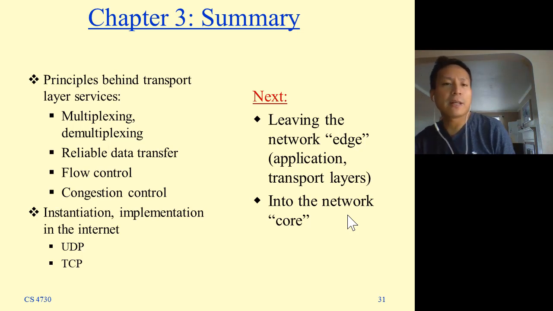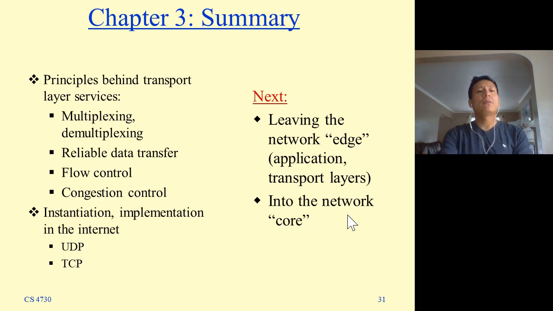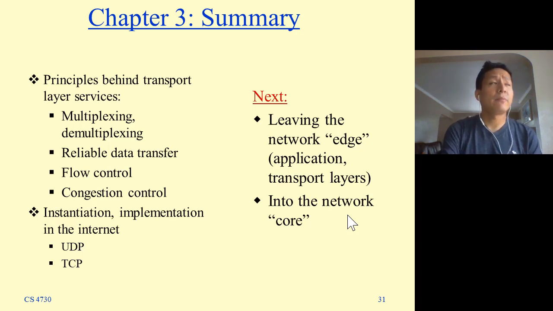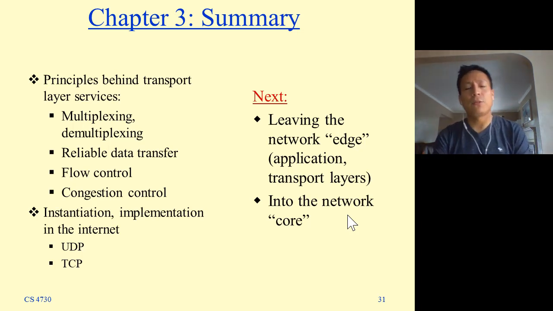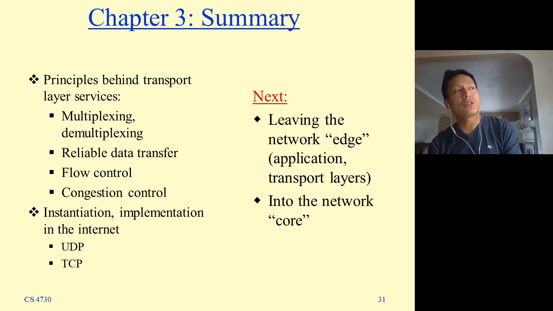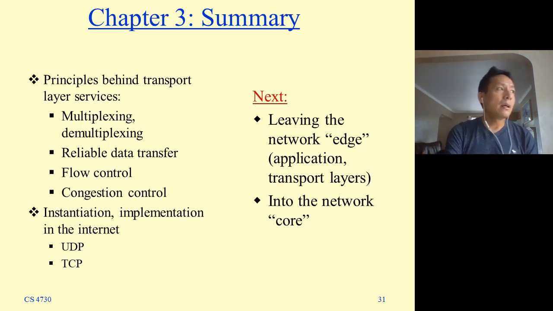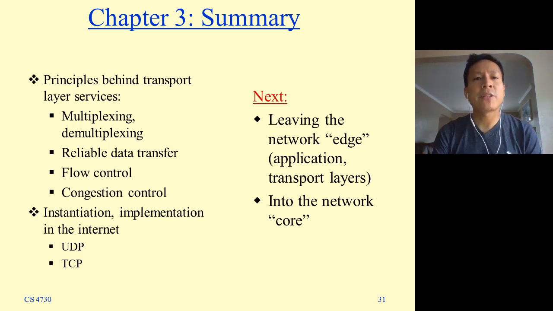The transport layer does multiplexing and demultiplexing. We mentioned the UDP two-tuple and TCP four-tuple to uniquely identify a socket. We introduced the port number, flow control, and congestion control, and how the UDP and TCP checksums are done, how the session is established, and everything. That basically concludes our discussion of the transport layer.